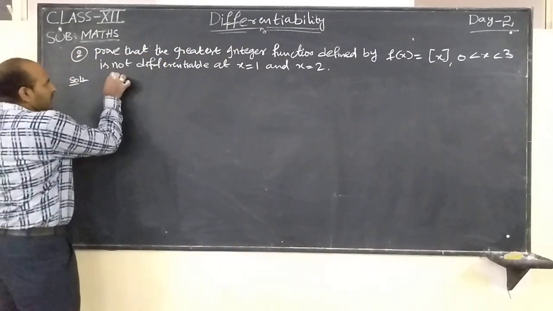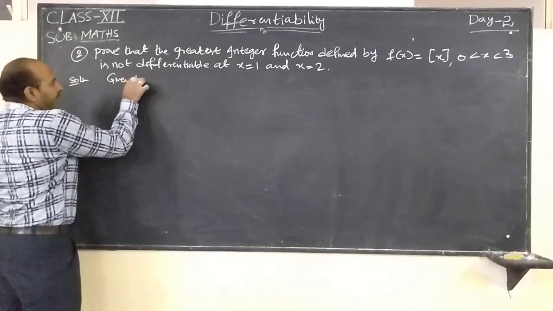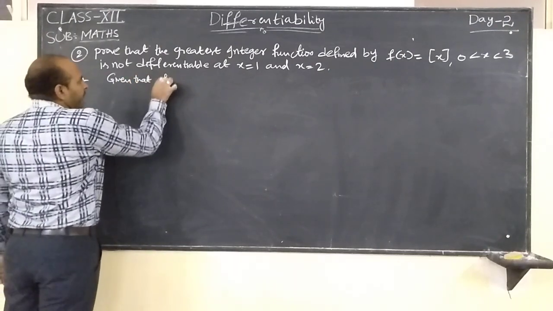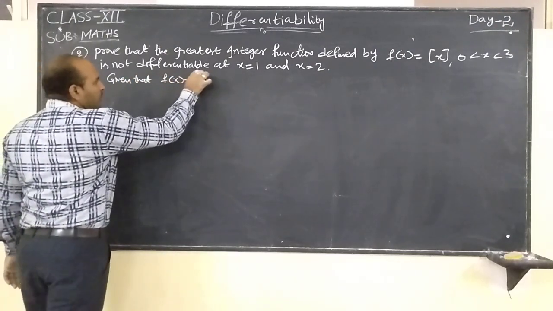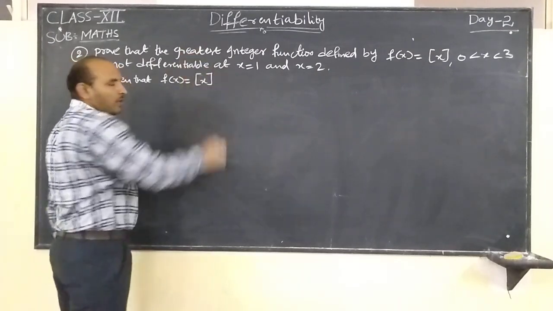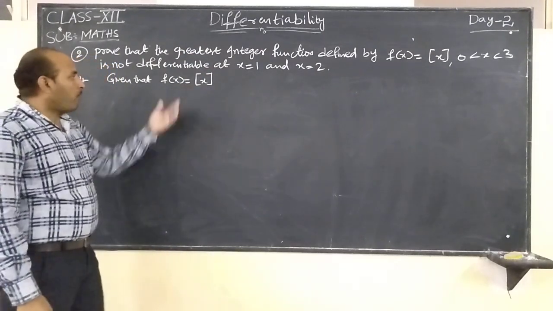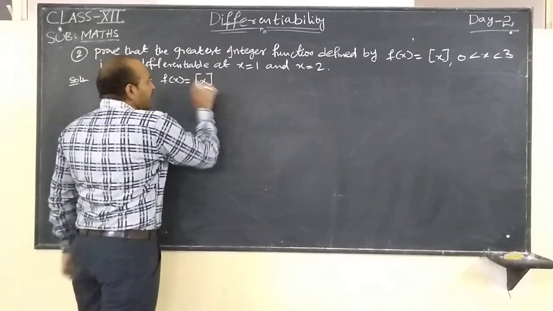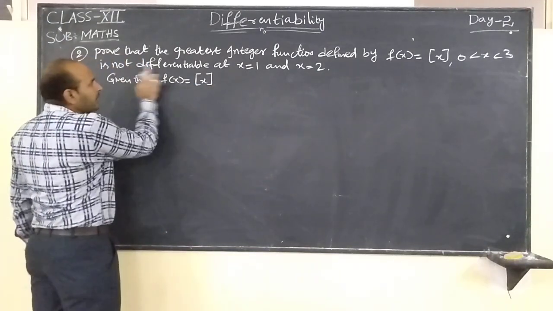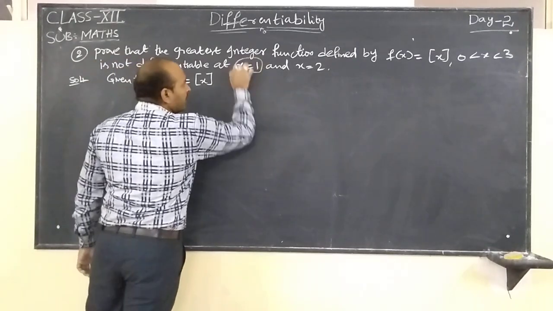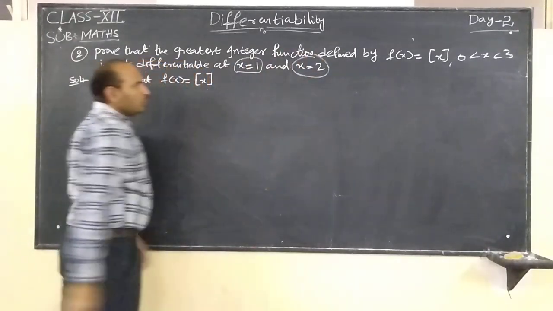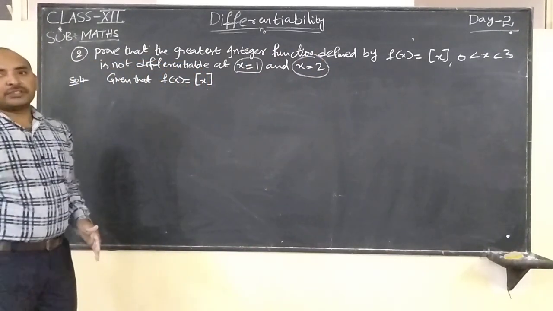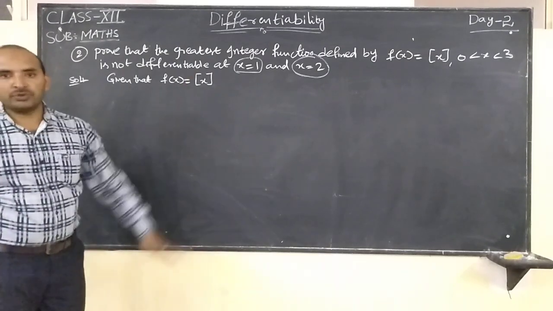So given that f of x is equal to step x, or floor function or box function, the condition is not differentiable at x is equal to 1 and x is equal to 2. So you have to find out separately at x is equal to 1 and x is equal to 2.